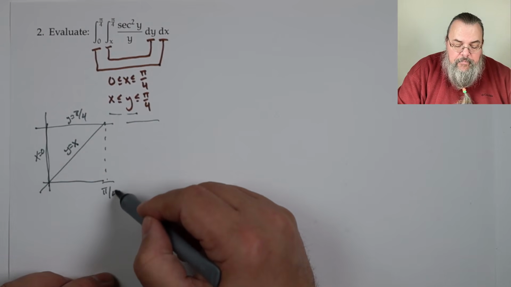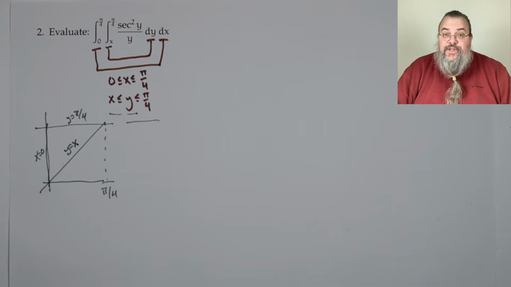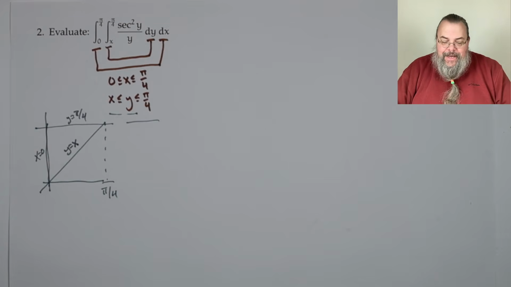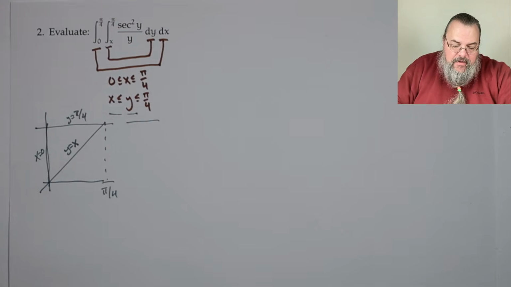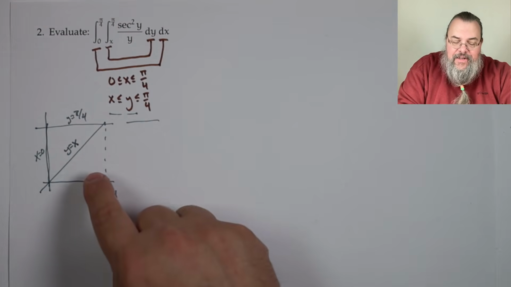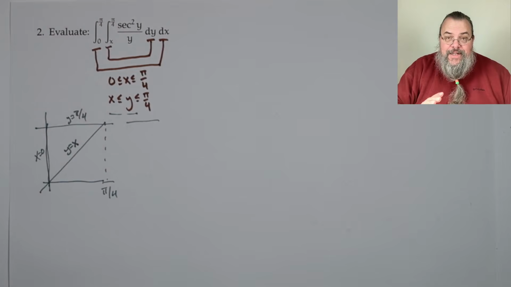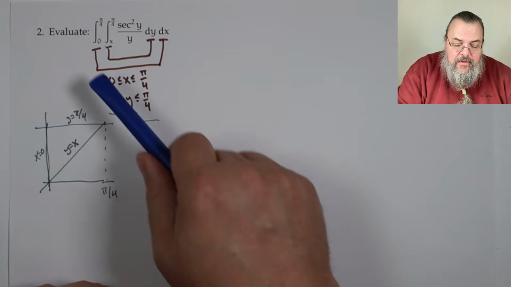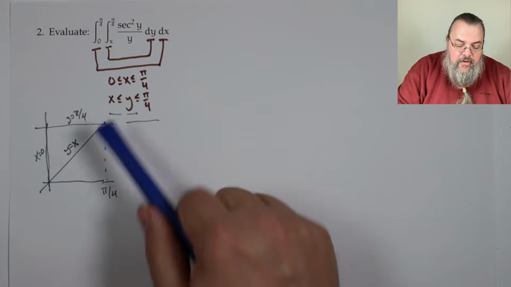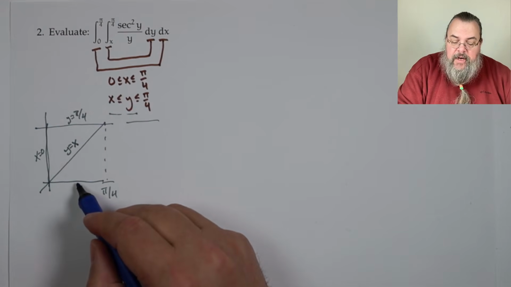Now, which part are we actually integrating? Be careful, right? Because sometimes you might say, oh, maybe there's two triangles here. Is it this one or is it that one? And it makes a difference, right? So here's how you can figure it out if you're ever in doubt. You pick an x somewhere in between, so I'm between 0 and pi over 4.